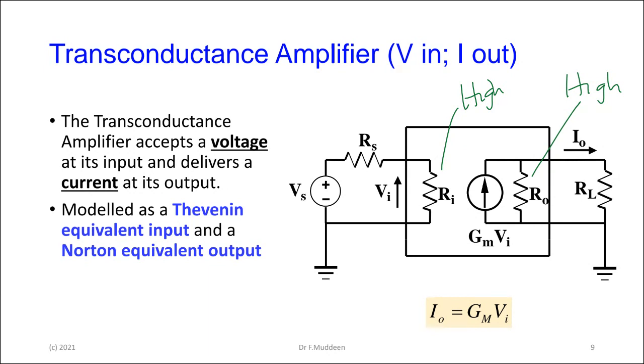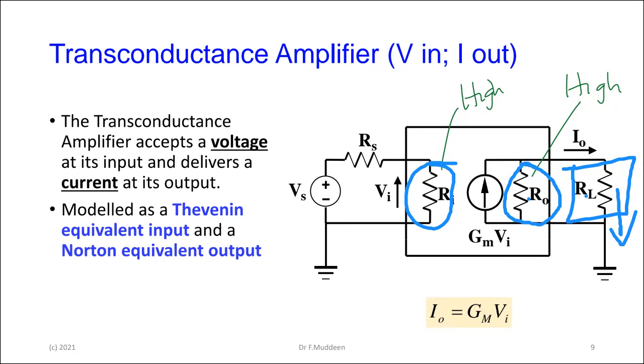In this case, voltage in, so we want the input resistance as high as possible so that we drop as much of the input voltage across it. And then we want the output resistance as high as possible so that the parallel combination of RO and RL is almost identical to RL, so that all of the current flows through RL rather than RO. And of course, the gain of the circuit: you take the input voltage and there's a transconductance gain GM, which is IO over Vin.